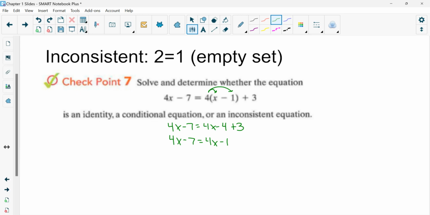And then I'll get all my numbers on the right and the variables on the left. So there's nothing left on the left side because 4x minus 4x is 0, negative 7 plus 7 is 0. These cancel and we're left with 1 plus 7, which is 6. Does 0 equal 6? No. So this answer would be the null set, and what type of equation would it be? Inconsistent.